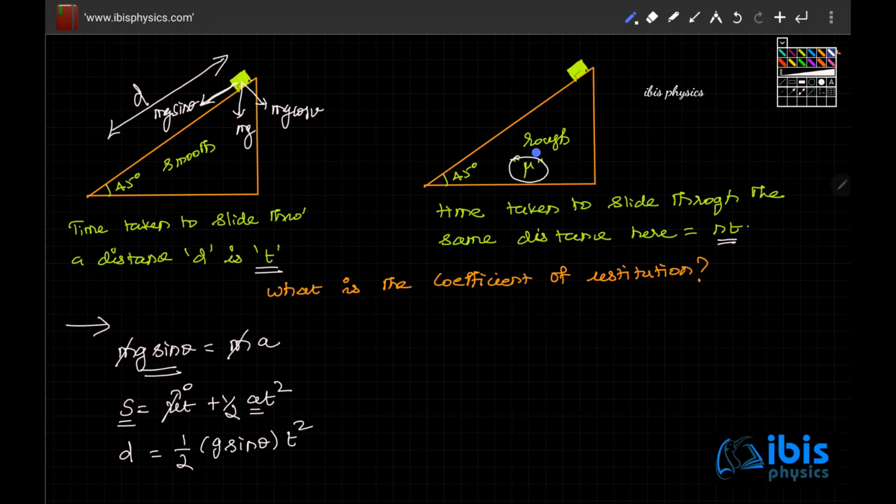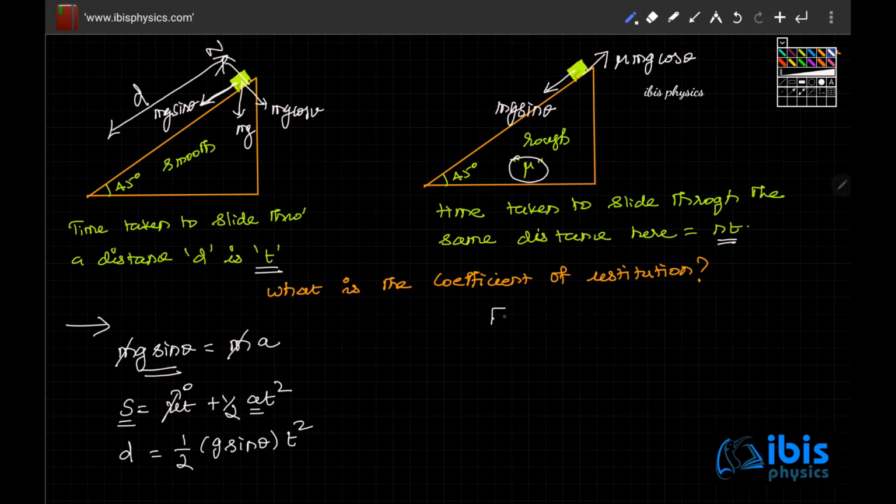But in this case, when the block slides down the rough plane, the frictional force will act in the opposite direction. The downward force is mg sin theta anyway, but the frictional force is mu times the normal reaction. The normal reaction N is equal to mg cos theta, so friction is mu mg cos theta.